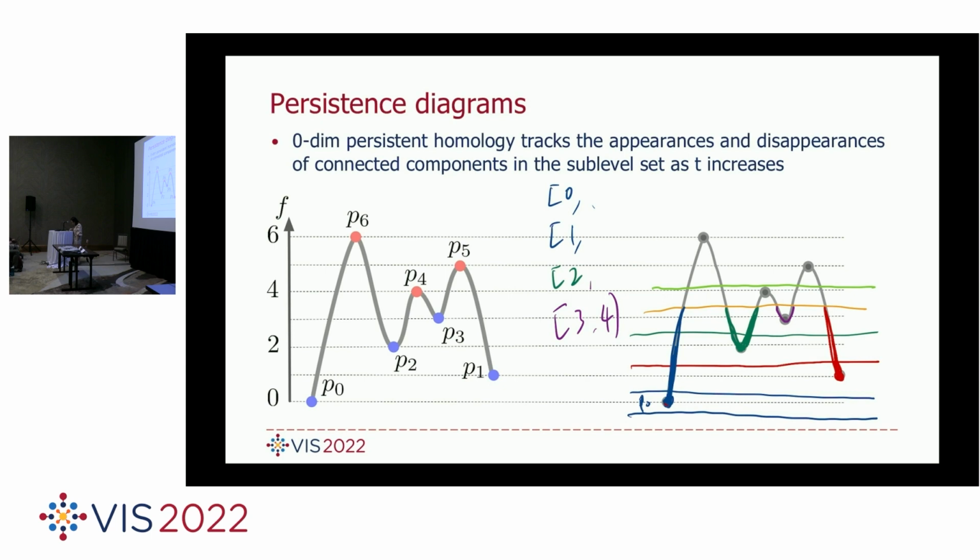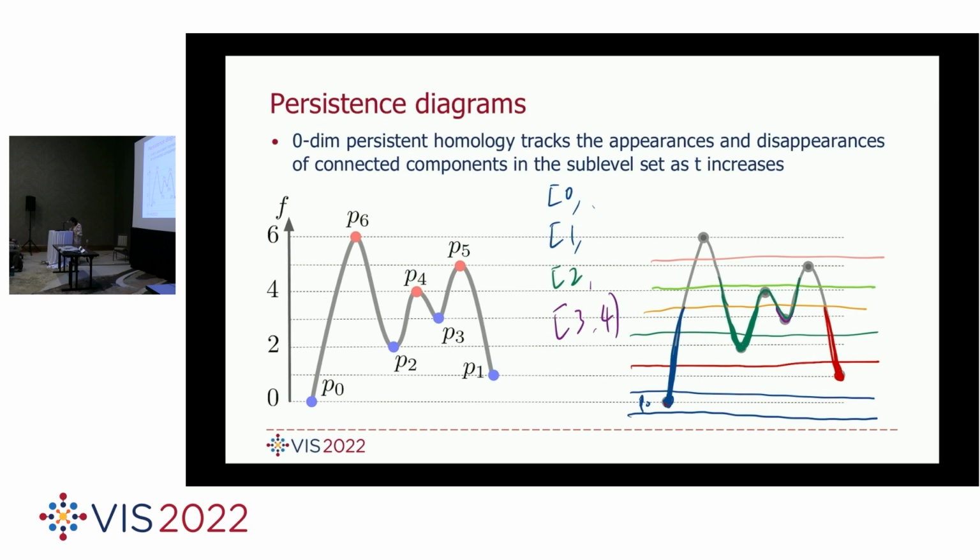Let's do one more. If I go through the next threshold right here, just past the level, the threshold at 5, remember the green component has already merged at this threshold. As I keep going, this component keeps growing.